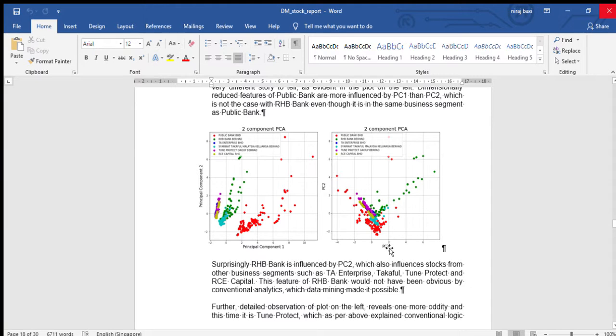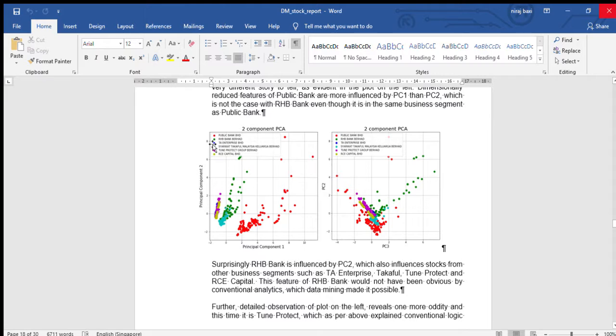So you can imagine PC3 and PC2 in the z-axis, and then it generates a 3 dimensional view of PC1, 2, and 3. It has got a very interesting story to tell.